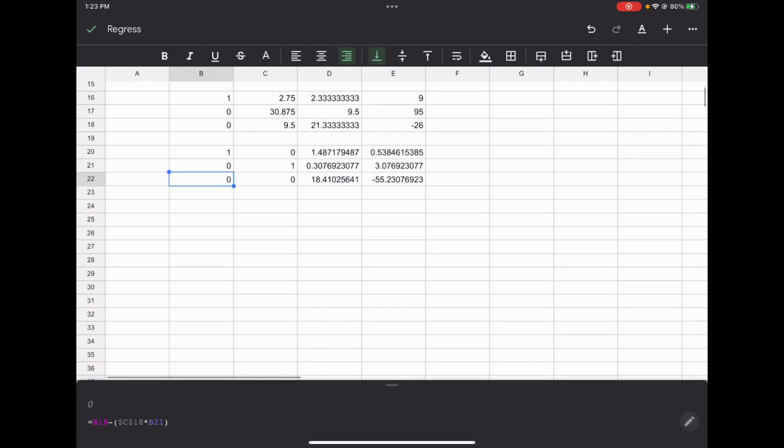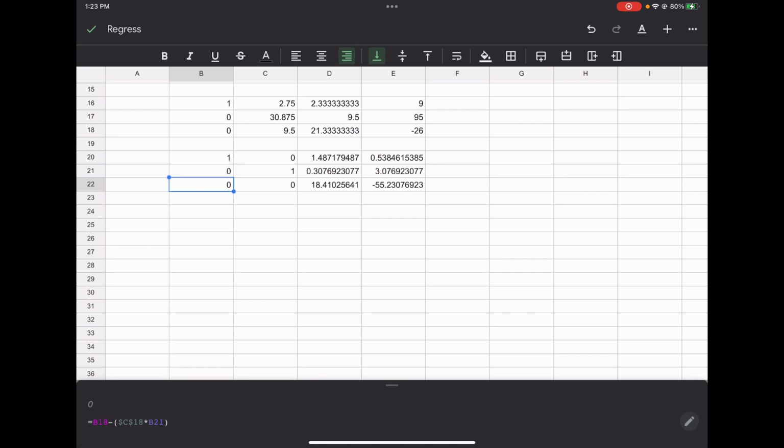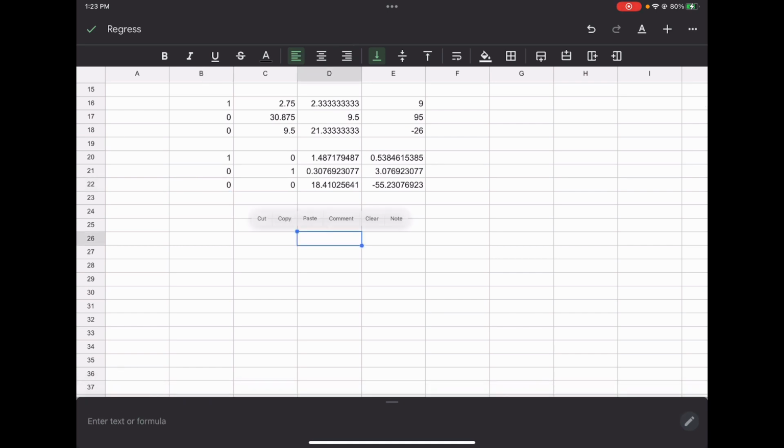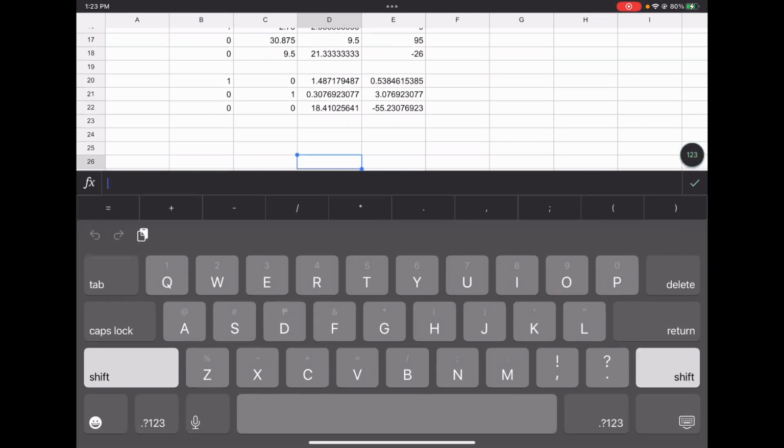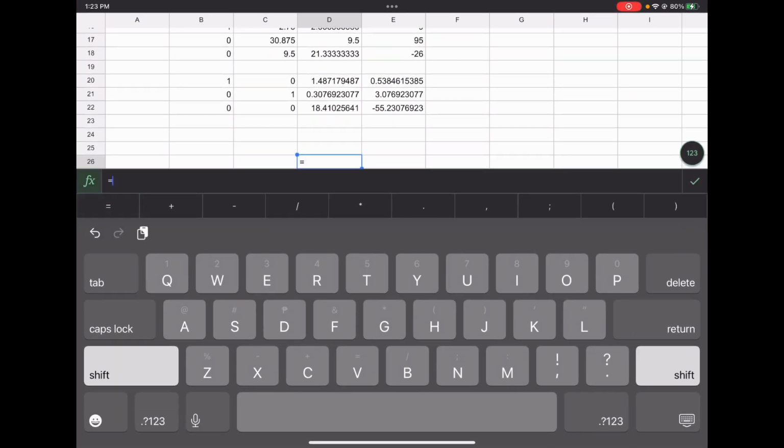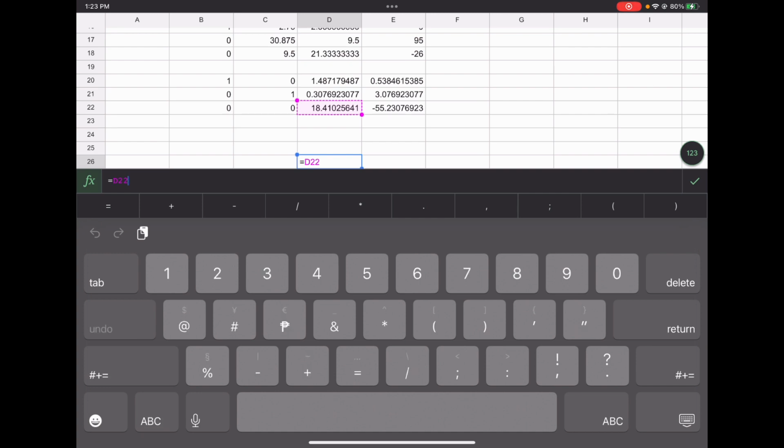And lastly, we divide this one by itself.